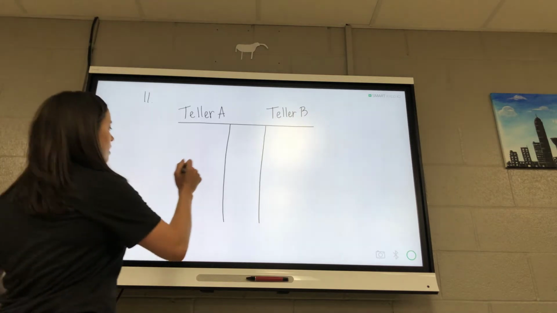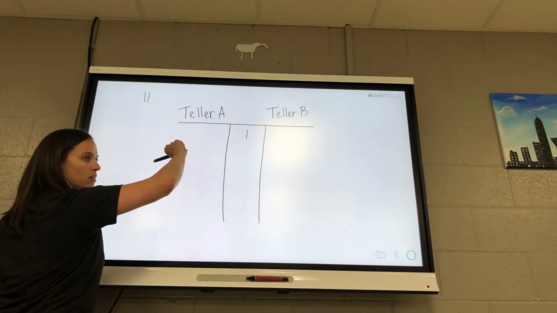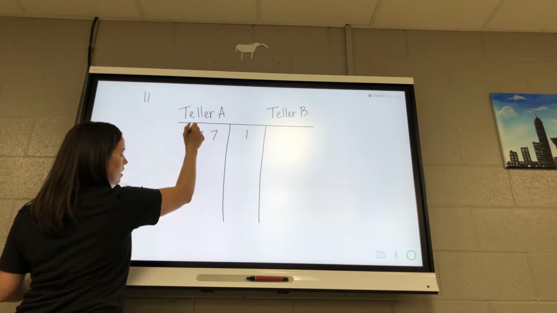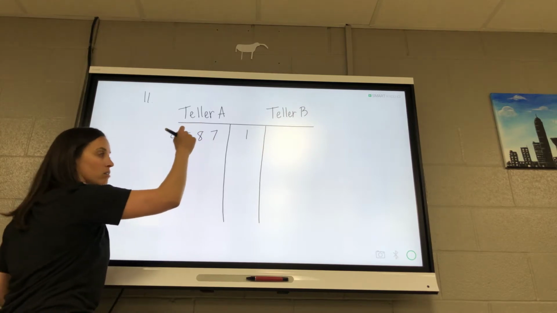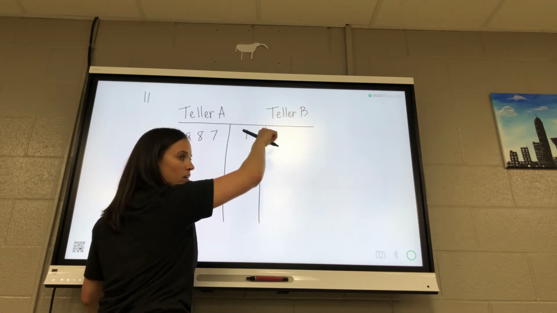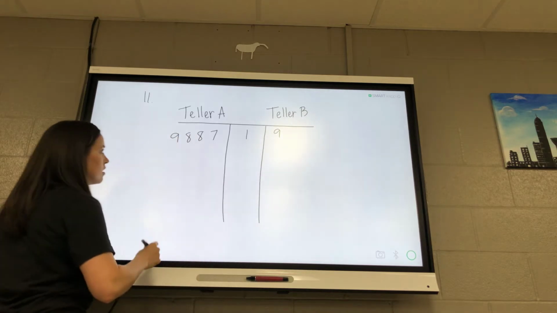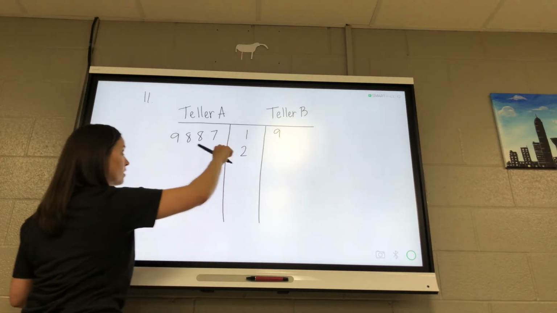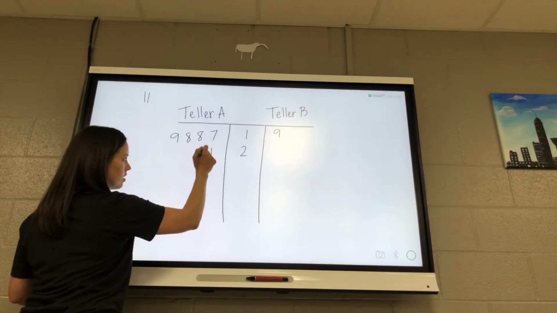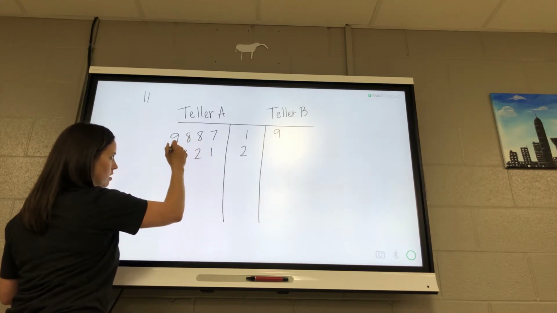So, teller A, Mike, which ones are in the teens? Let's start with 17, 18, 18, and 19. Okay, teller B. What do you find, Boone? Well, there's 19. It's kind of limited. Okay, Cameron, what do we see in the 20s for teller A? 21, 22, 23, 25.